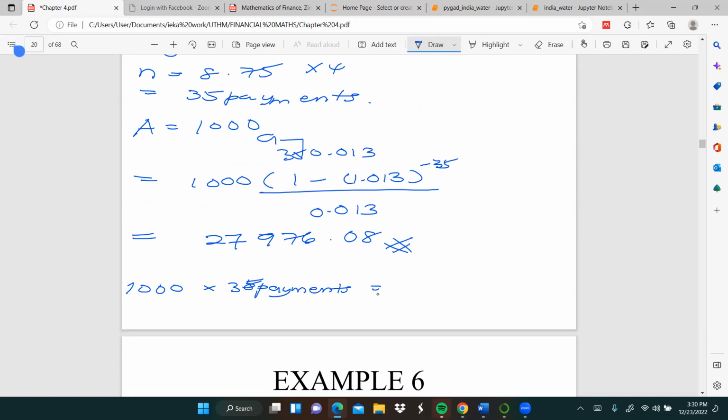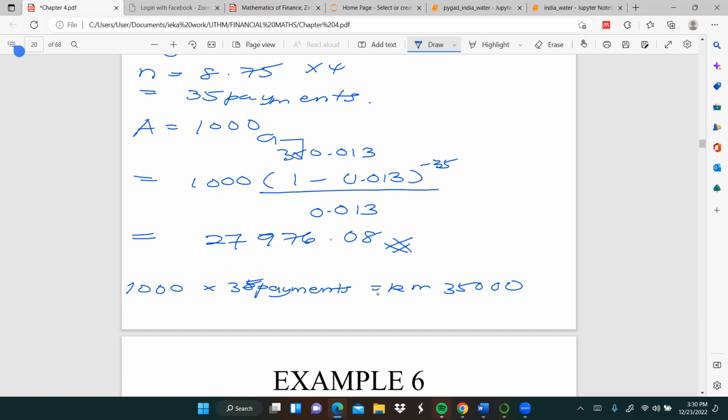So in total we have RM35,000. Okay, this is how much that she received.